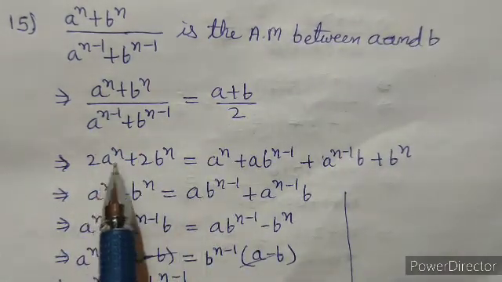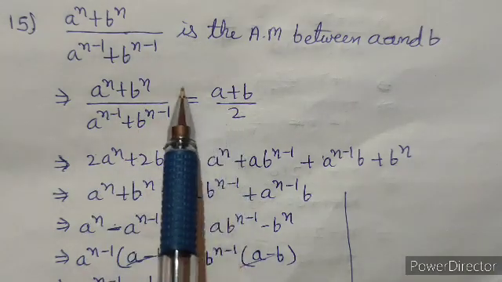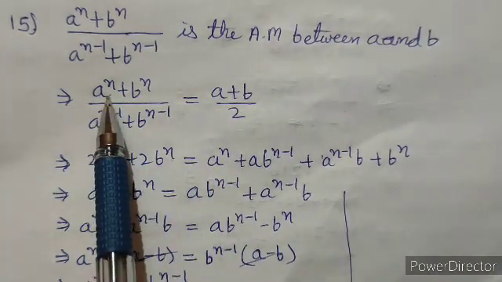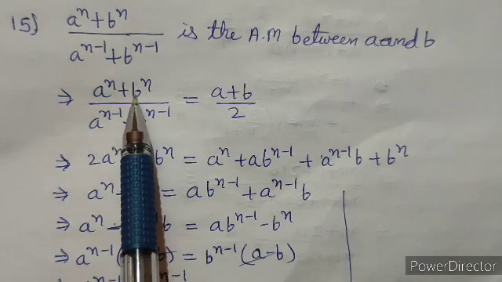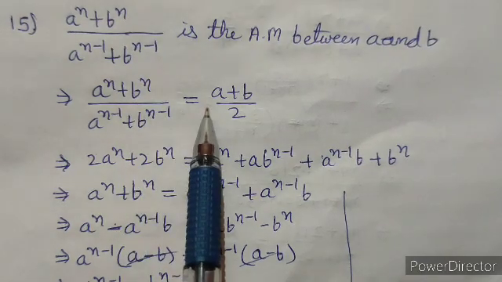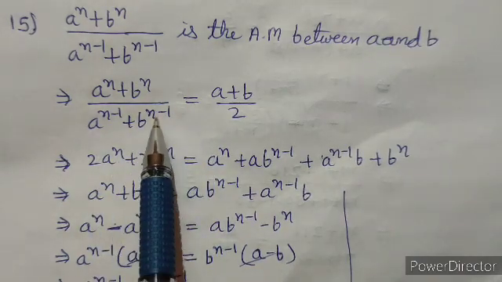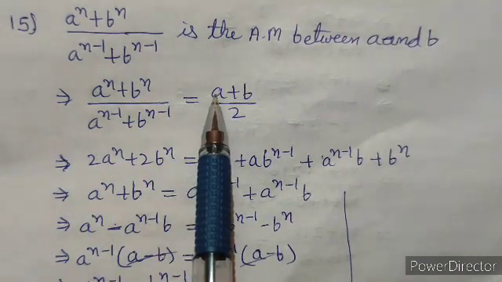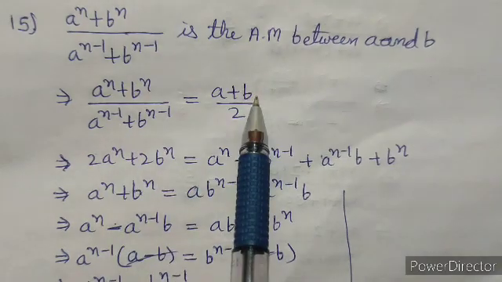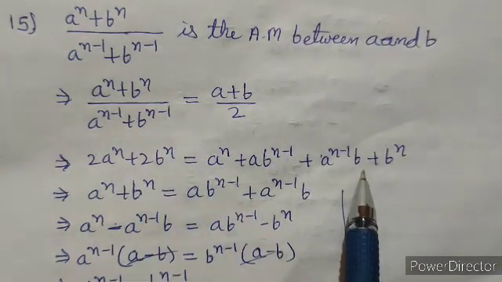Now this will give us, on cross multiplication, 2a raised to power n plus 2b raised to power n equal to a raised to power n plus a b raised to power n minus 1 plus a raised to power n minus 1 into b plus b raised to power n.